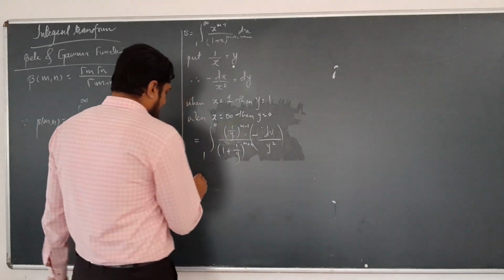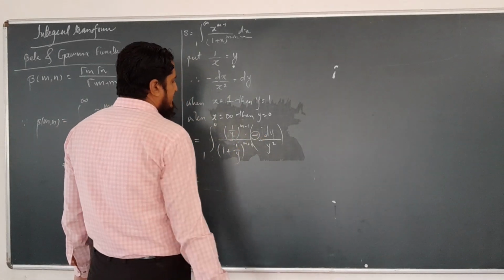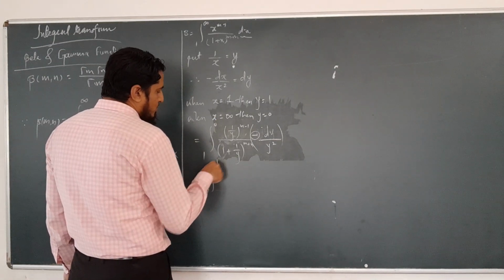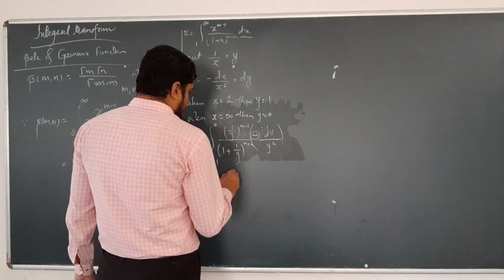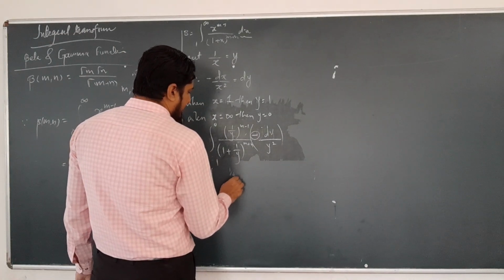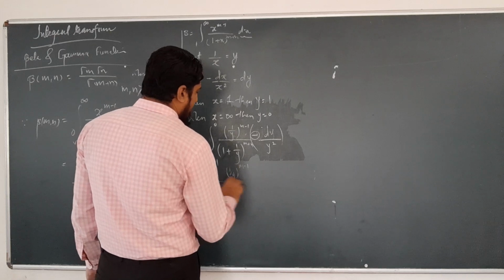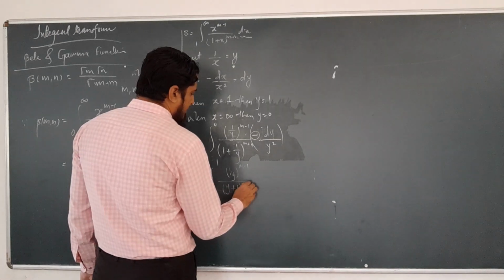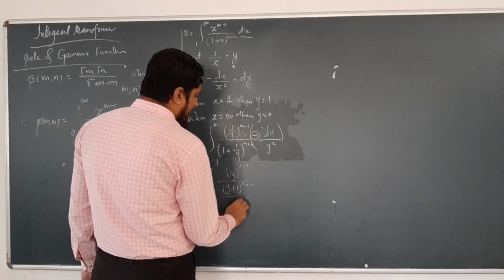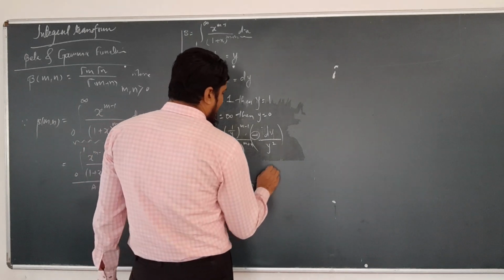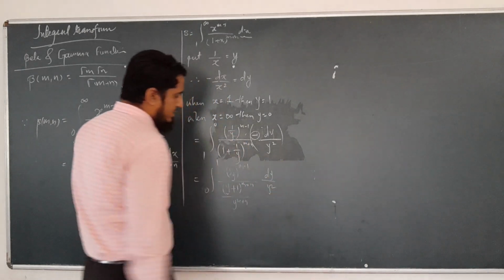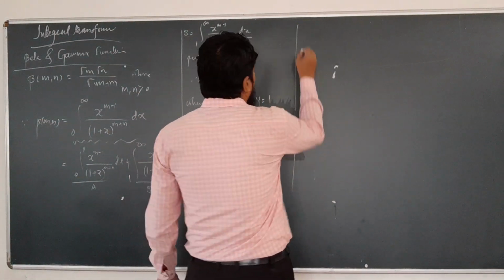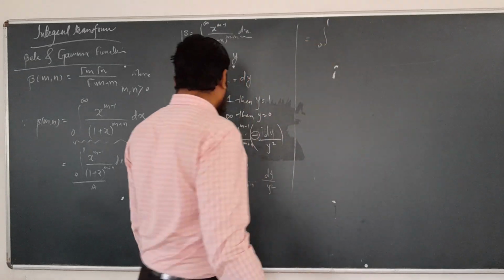Now, since we have minus sign and integration running from 1 to 0, we can write it as 0 to 1, 1 upon y raised to m minus 1, into y plus 1 raised to m plus n by y raised to m plus n, and dy upon y square. Right? Now we can write this equation as 0 to 1.